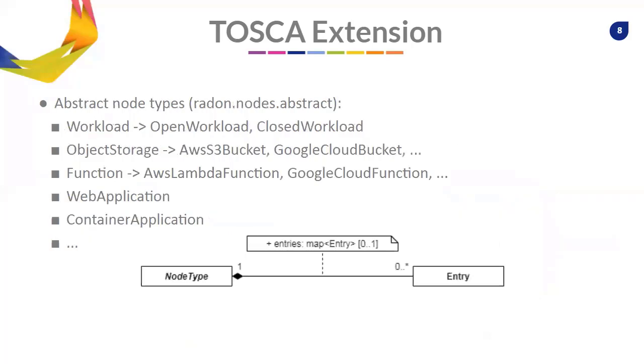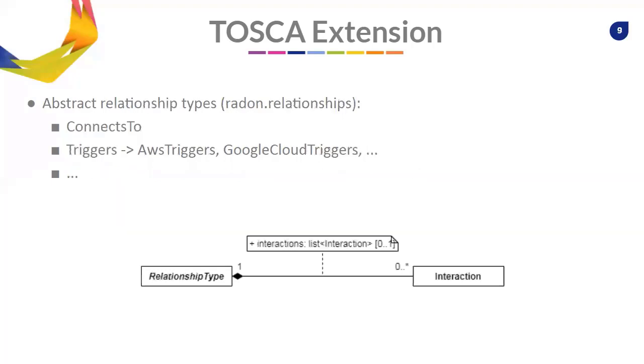In order to incorporate layered queue networks into TOSCA, we introduce an abstract layer of node and relationship types. Each abstract node type contains a special property called entries, and each abstract relationship type contains a special property called interactions.